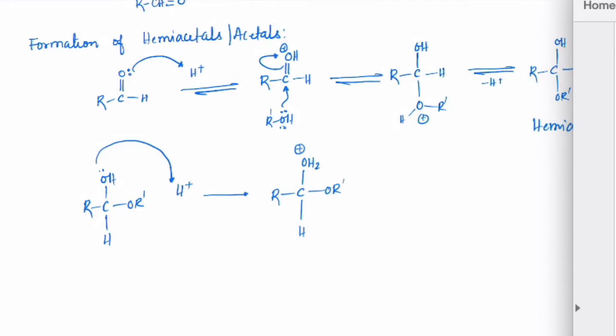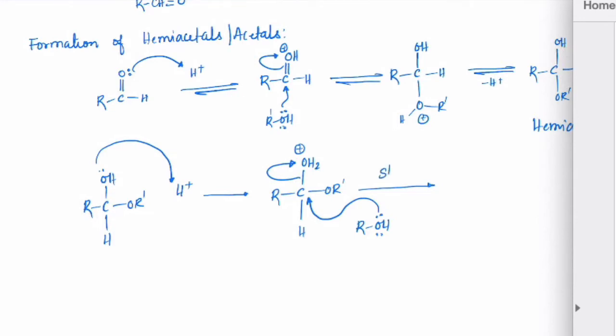Now OH2 is a good leaving group here, right? Then we have ROH in the solution, so that would attack on the carbon, displacing that OH2.